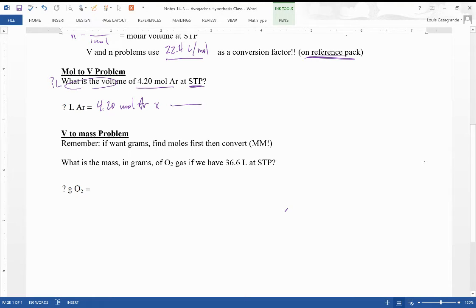We want the liters in the numerator, so 22.4 liters of argon in the numerator to cancel out the 1 mole of argon that goes in the denominator. That leaves us with liters of argon. You should stop and do this problem on your calculator to make sure you get the right answer. And when you do that, you should get 94.1 liters of argon as your answer.